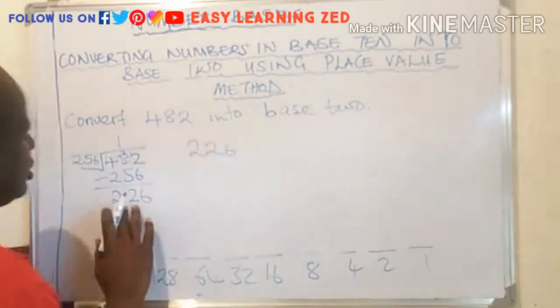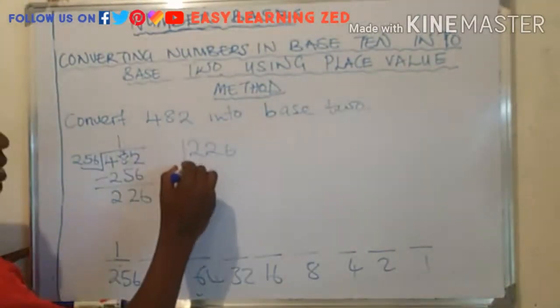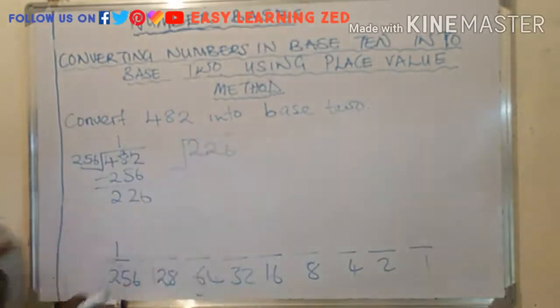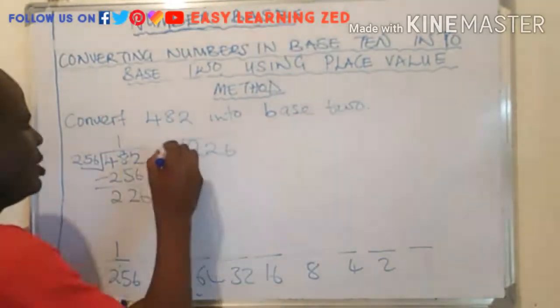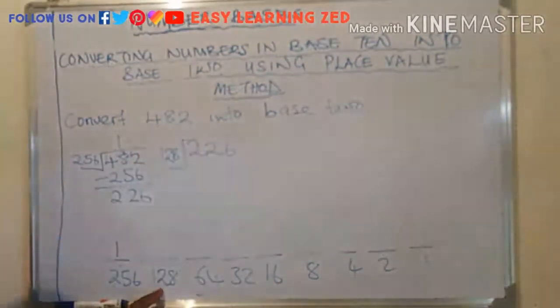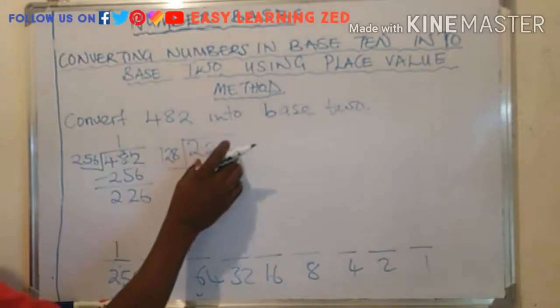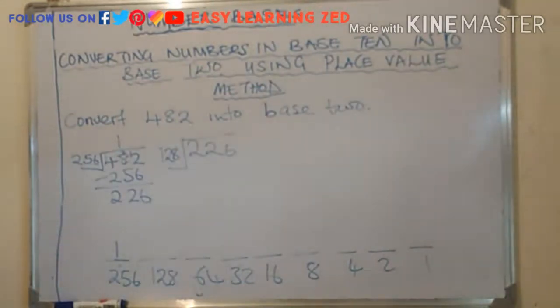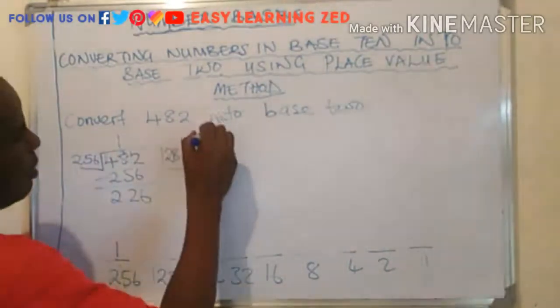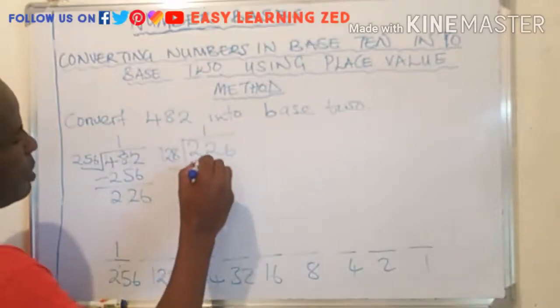This 226 is the remainder. Then we are going to divide this by the next place value, which is 128. So how many times can 128 go into 226? We are saying 1. 1 times this is going to be 128.